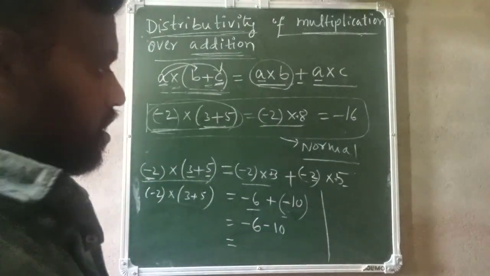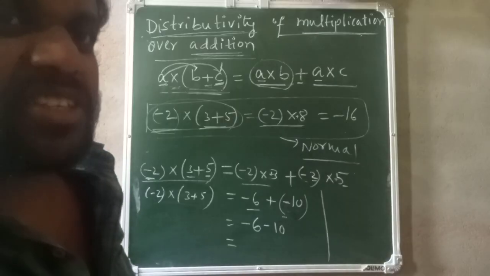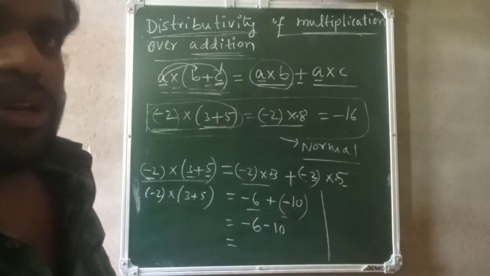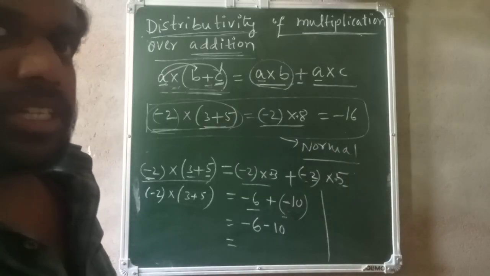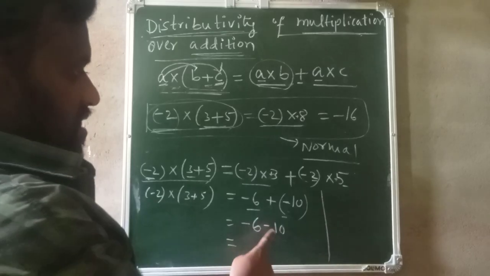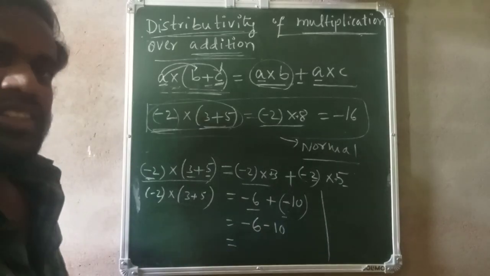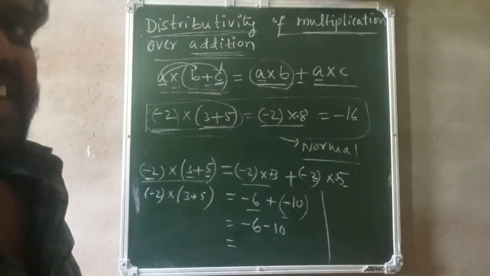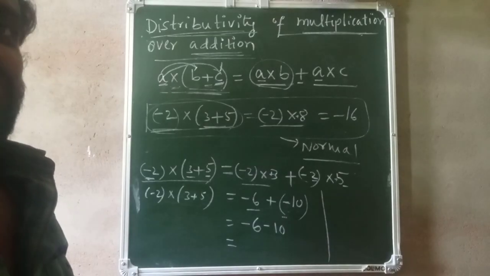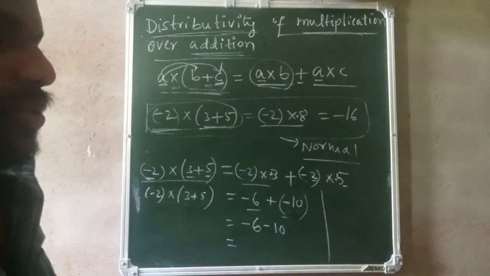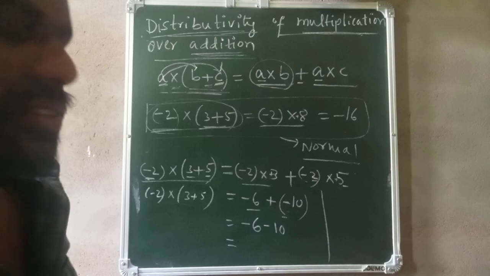If there are only plus symbols, you directly add the numbers because plus is there. Here minus is there, and not just 1 minus, 2 minus are there. So now you will be confused about what to do, whether we need to add or subtract.